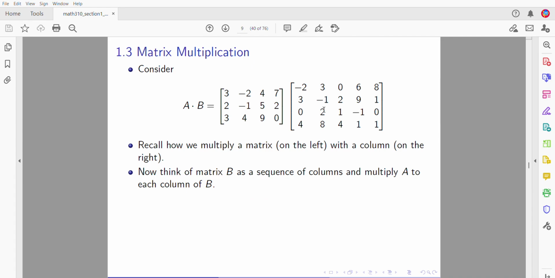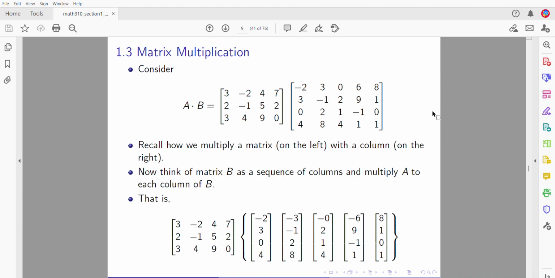When I multiply this matrix to this column, I'll get a column. Multiply this matrix to this, I'll get another column. So I get to stack the columns together. Okay. So second matrix, you separate them into columns. First matrix, you leave it as is.